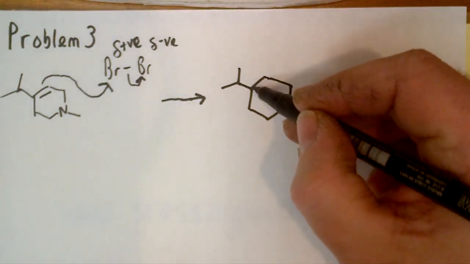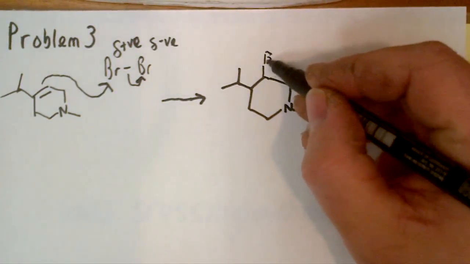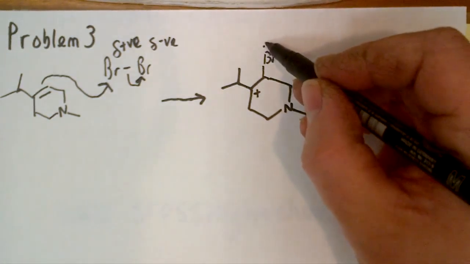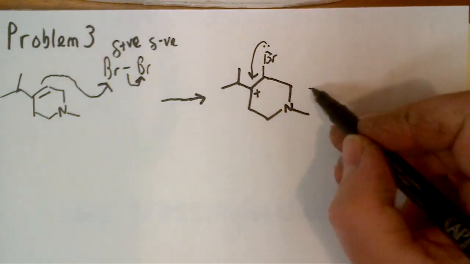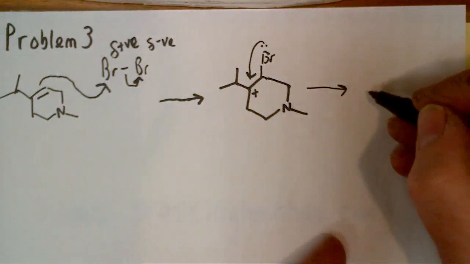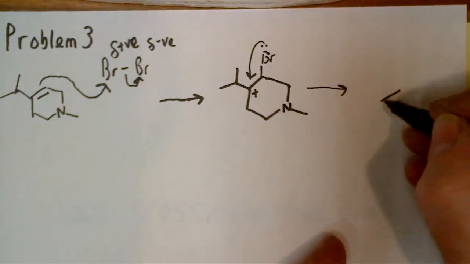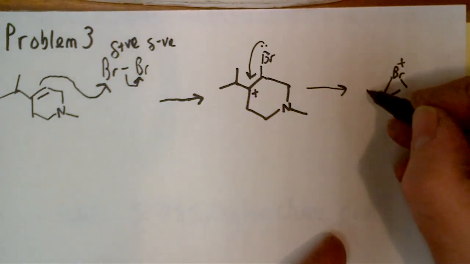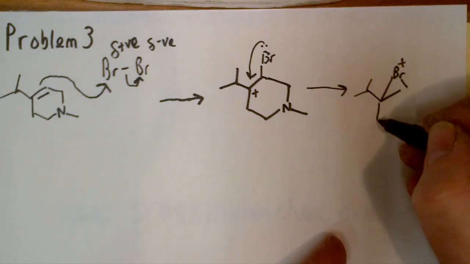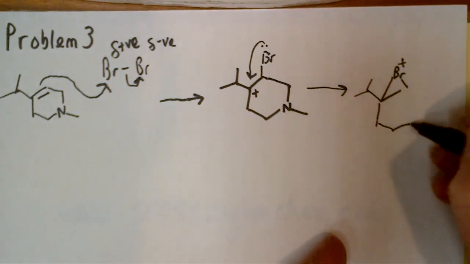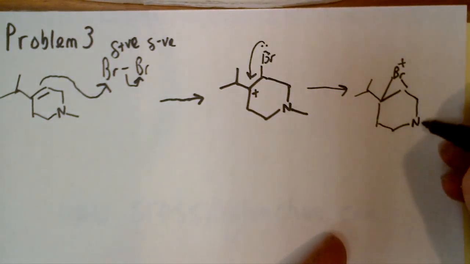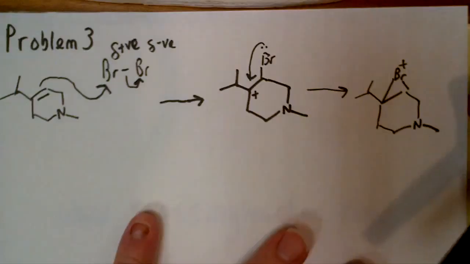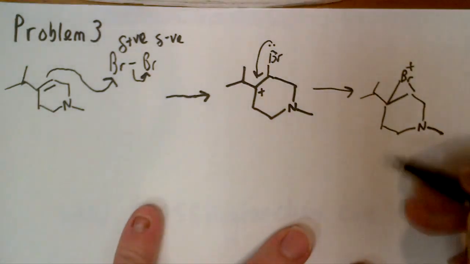If we were to put the bromine here, this gives us this tertiary carbocation, but again the bromine lone pair delivers for us this bromonium carbocation, so we'll draw this in this manner. So we have a bromonium carbocation, and then we have a majority of water as the solvent.